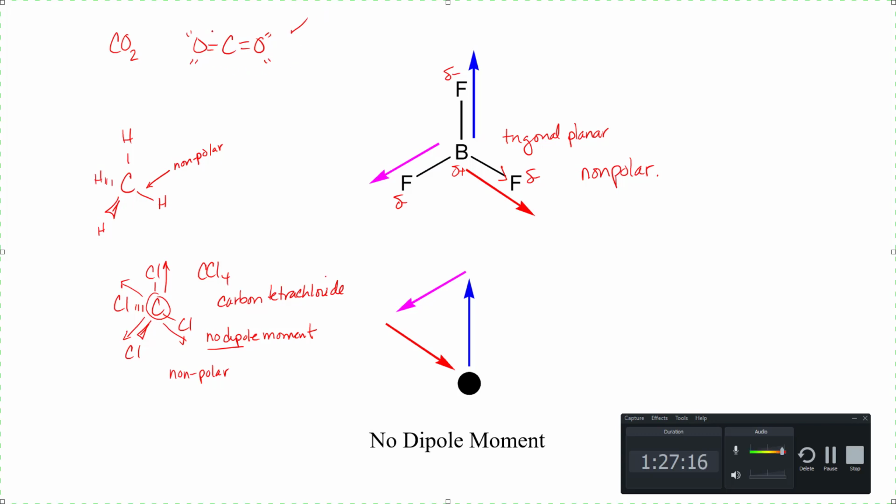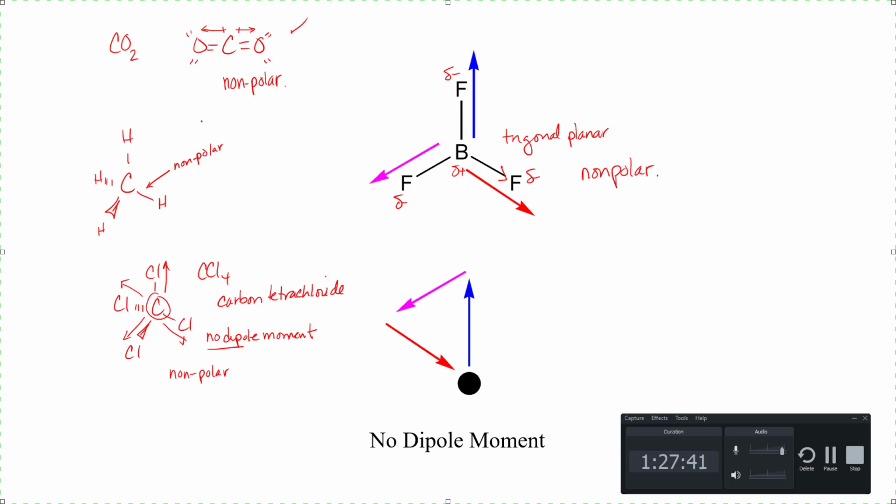Carbon dioxide would have a linear geometry, and its bond dipoles cancel. Again, it's symmetrical, so carbon dioxide is also nonpolar. Okay.